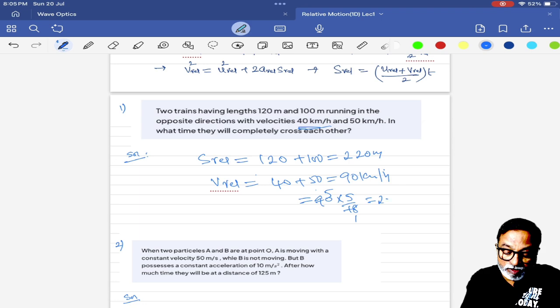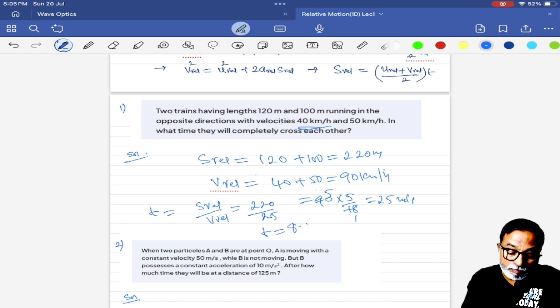This is 25 meter per second. Then time t is equal to S rel by V rel. S rel is equal to 220, V rel is equal to 25. This becomes t is equal to 8.8 seconds.